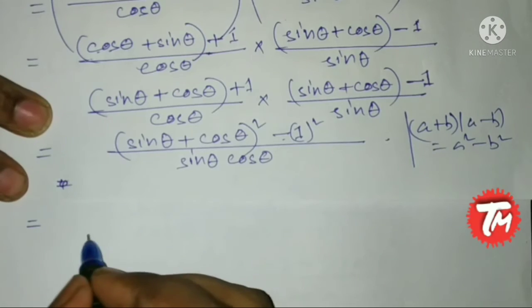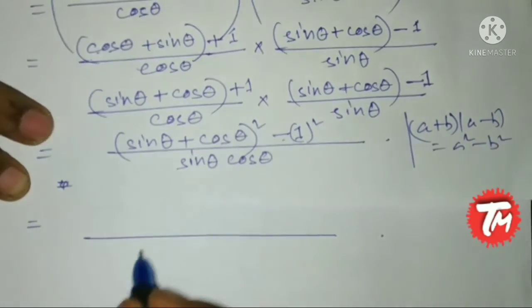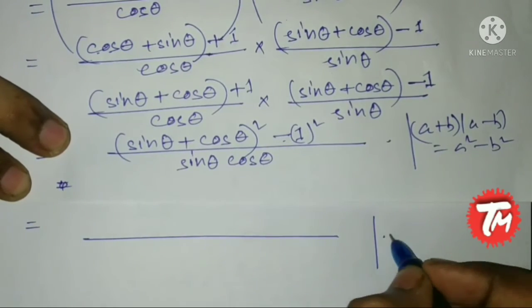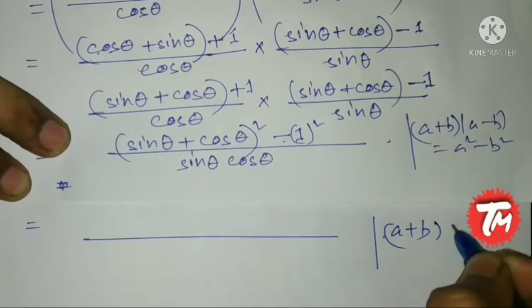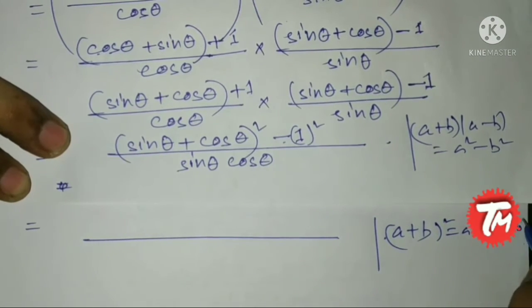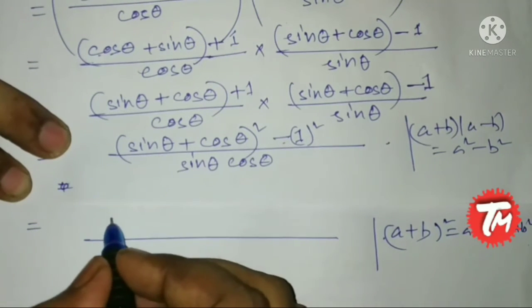Then after we can write sin theta plus cos theta whole square. That means we know that a plus b whole square equal to a square plus twice ab plus b square. So this formula we use here. So what we can write here?